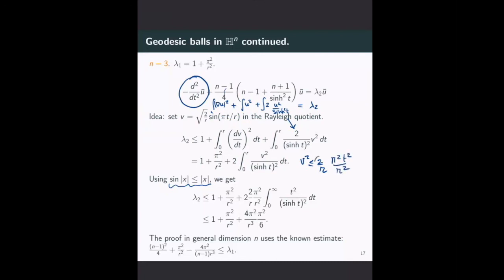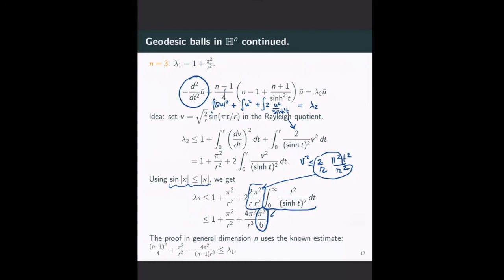So this is what I wrote over here. And I have t square over sinh t square. So I spent a little bit of time estimating it in the first version of the article. And then it happened that you put it on Wolfram Alpha and it spits out, hey, that integral is pi squared over 6.